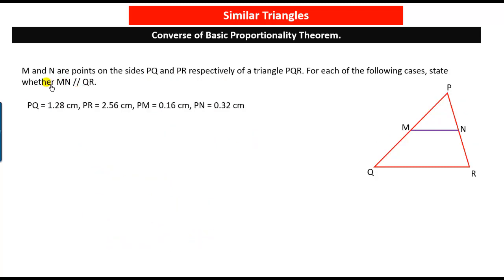Here is another question. M and N are the points on the sides PQ and PR respectively of triangle PQR. For each of the following cases, state whether MN is parallel to QR. Here M and N are two points on the sides PQ and PR of triangle PQR, and we have to show MN is parallel to QR given that PQ is 1.28 centimeter.